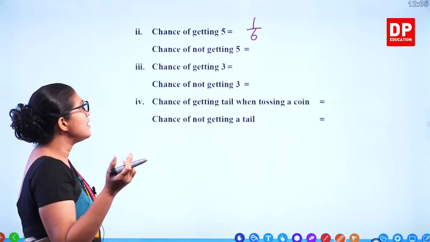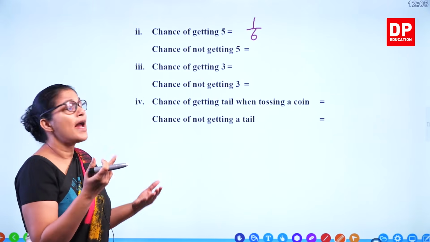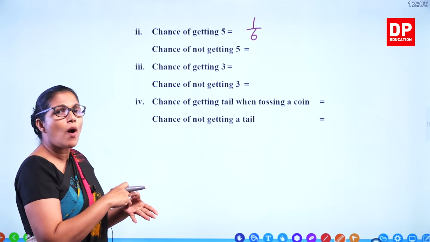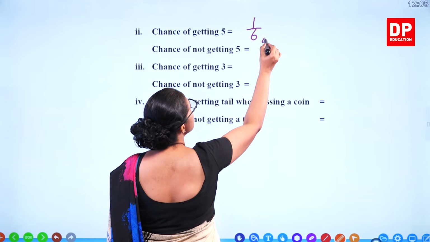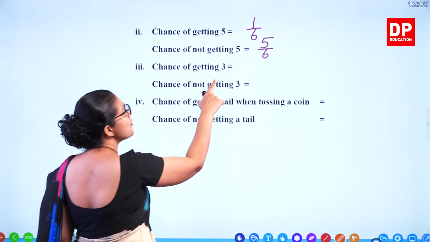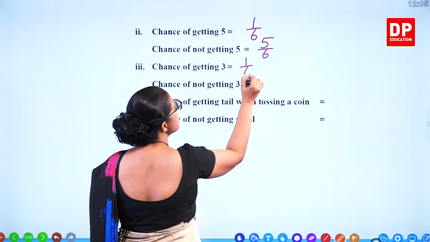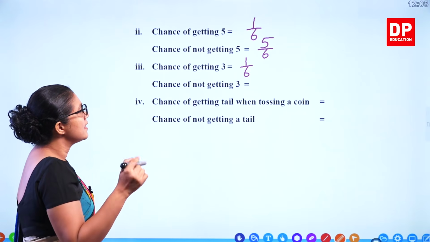On a 6-sided die, the chance of not getting 5 means you can get all the other possibilities: 1, 2, 3, 4, 6. So 5 possibilities out of 6. What's the chance of getting 3? That's 1 over 6. What about the chance of not getting 3?